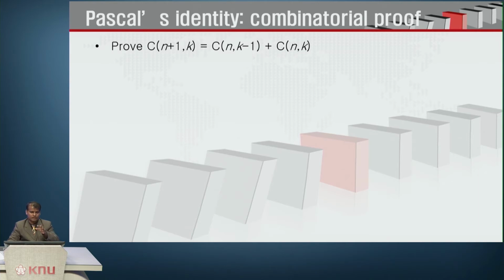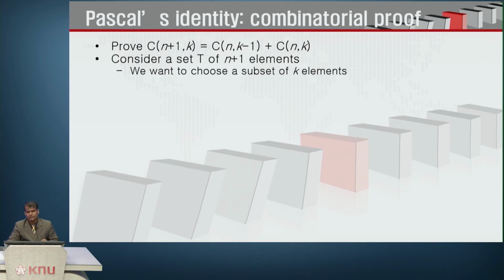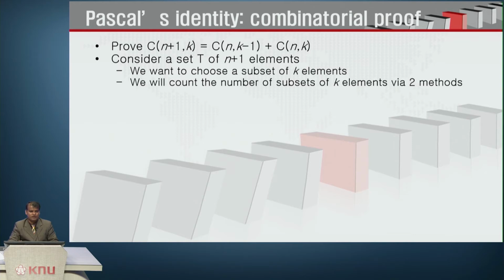Now we are going to look at the combinatorial proof, in which we use the C(n, r) methods. We consider a set T with n plus 1 elements, and we talk about it with respect to sets and subsets. We want to choose a subset of k elements and count the number of such subsets via two methods.